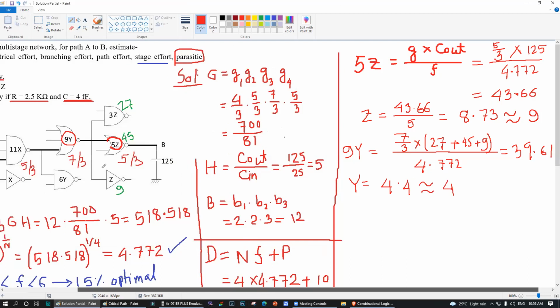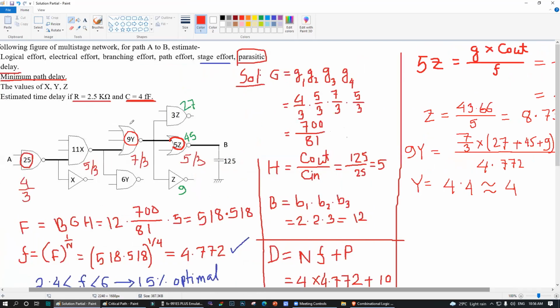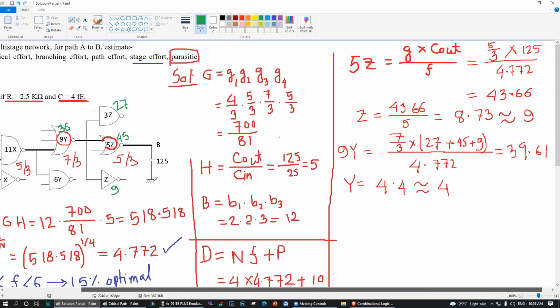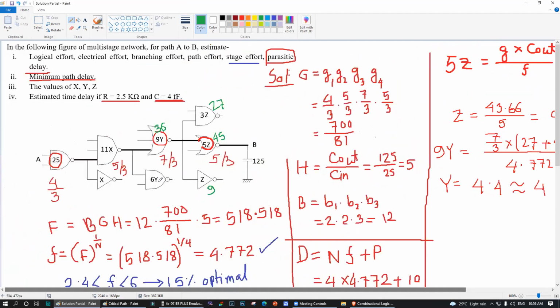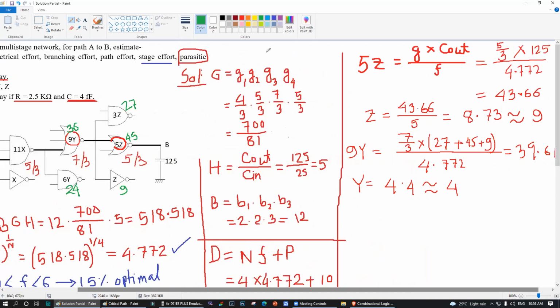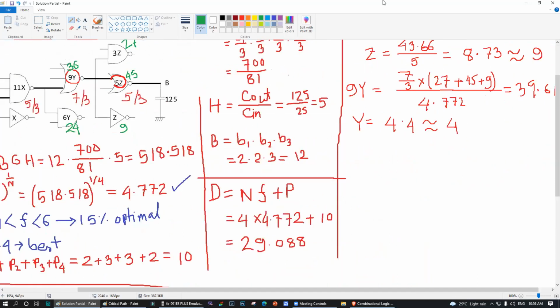So 9 into 4 is how much? 36. Right? And 6 into Y, how much? 24. Now find the value of X. Everyone find the value of X.